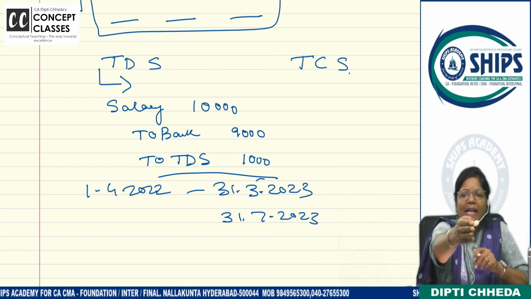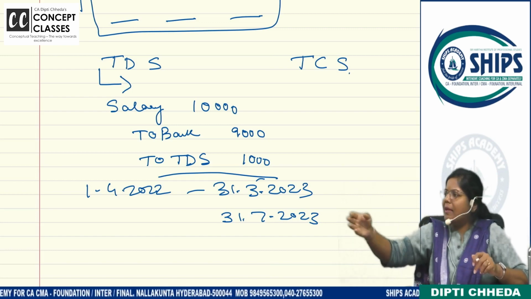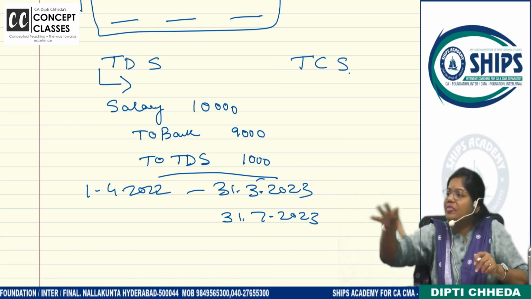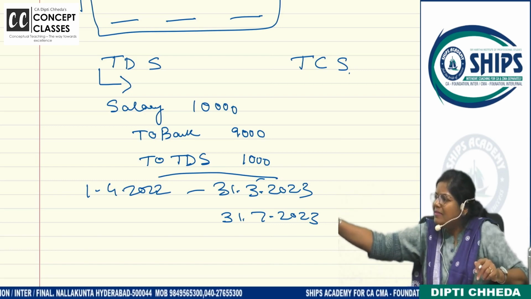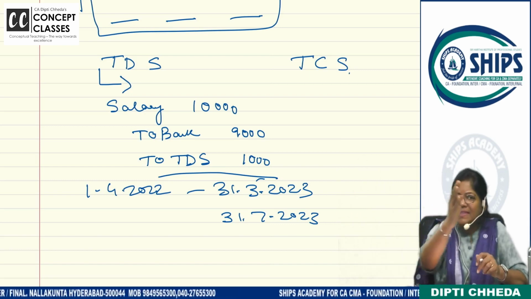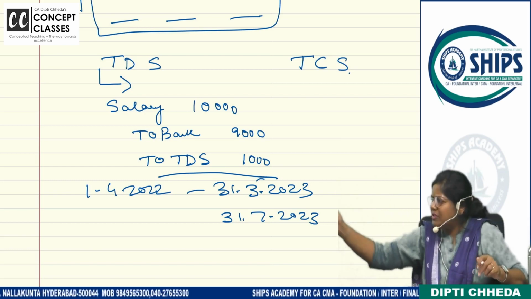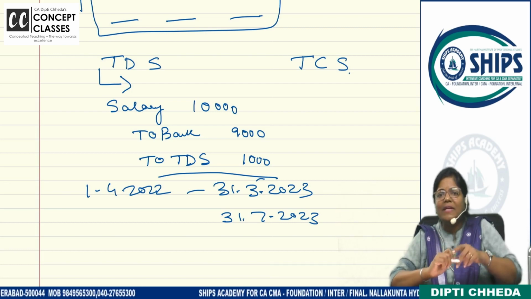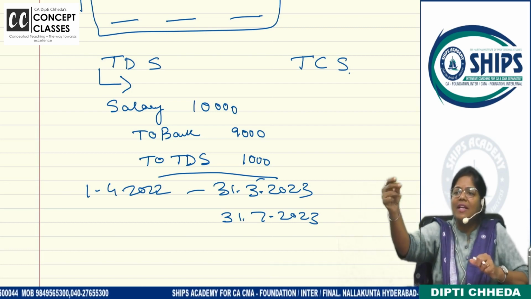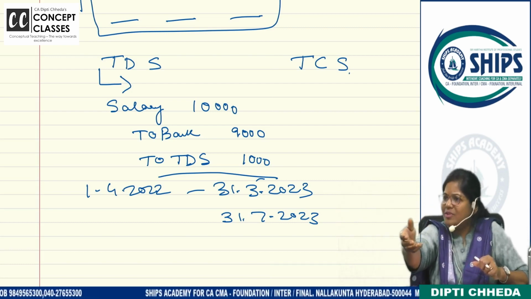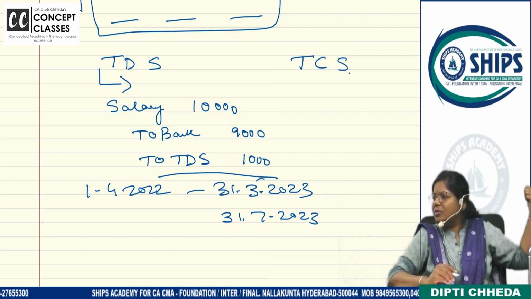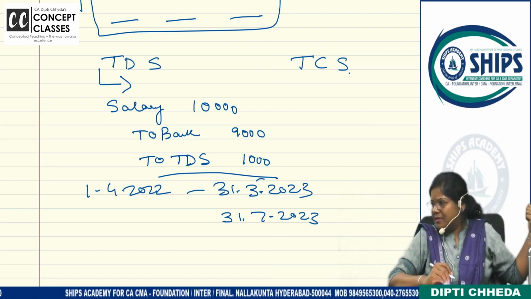I am giving you salary. I am giving you interest. I am giving you lottery money. I am giving you commission. Am I giving different income for you people? Listen to my example. Salary, interest, commission, lottery. Am I generating income for you all? Government said instead of 10,000, I should give you 9,000. And on your behalf, I will pay 1,000 to government.